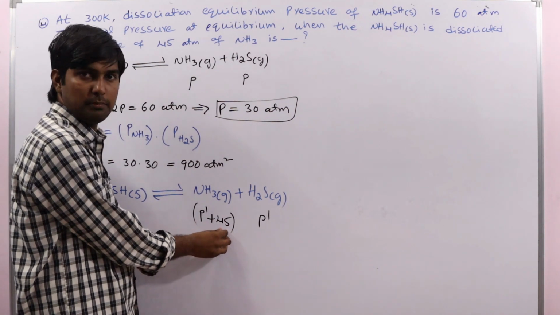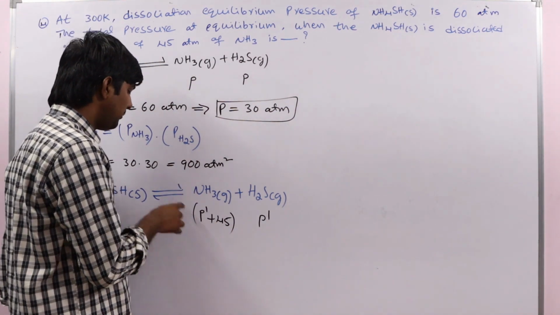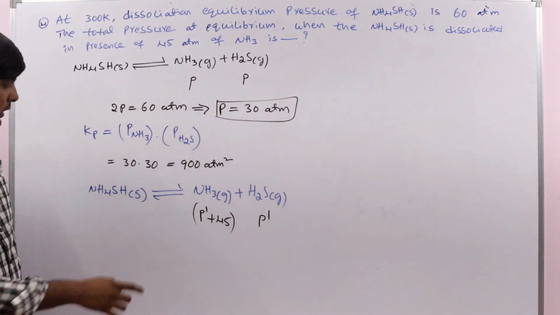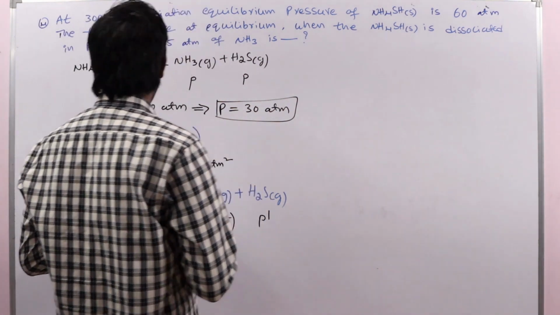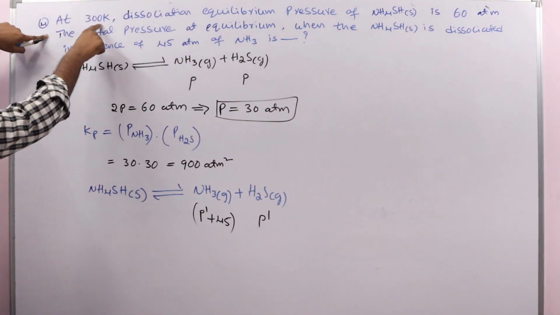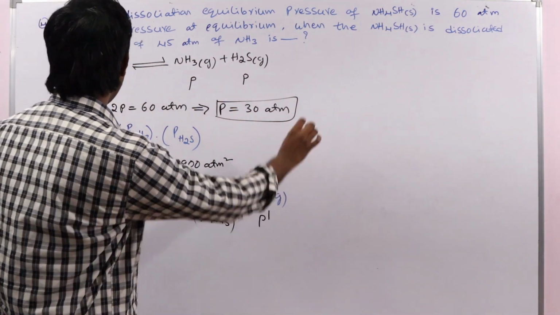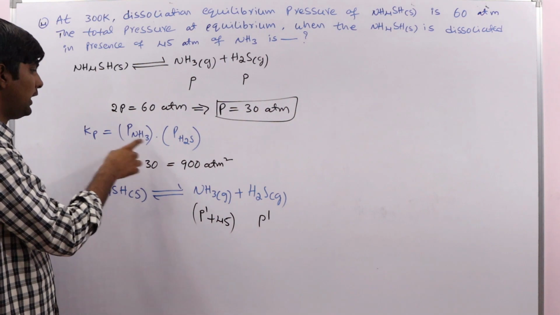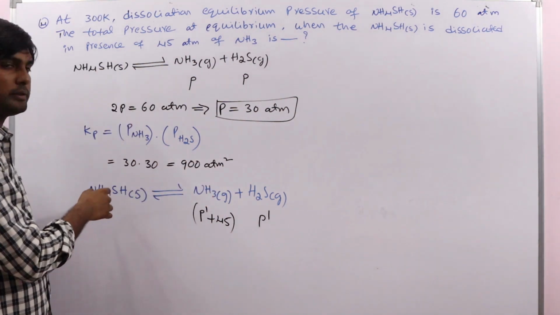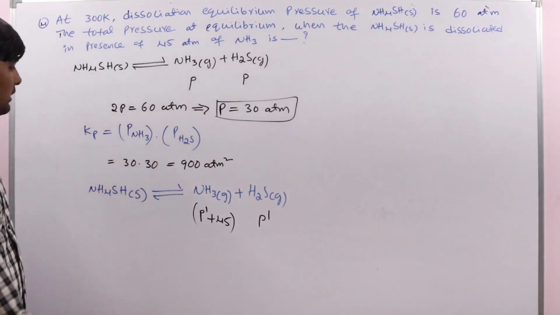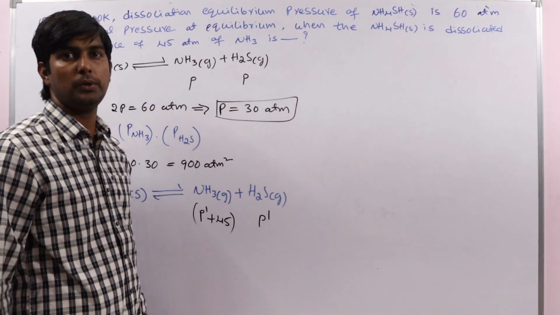NH3 is already present in this amount, and more is formed in the dissociation. At 300 Kelvin we are maintaining a constant temperature, which means the Kp value is the same for these two cases. That is the very important thing you should understand.